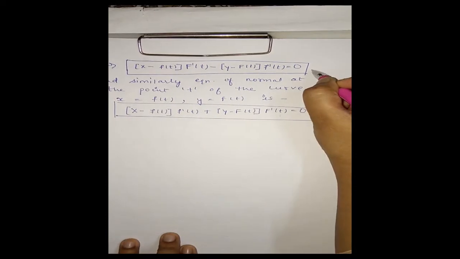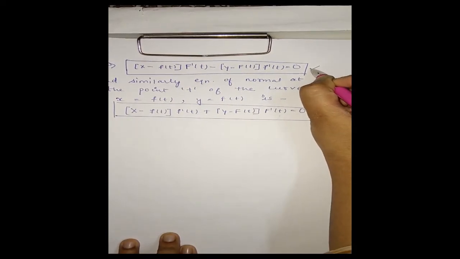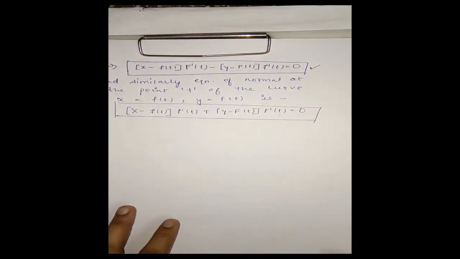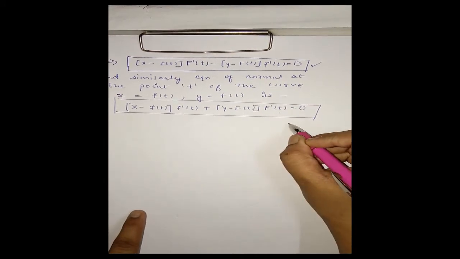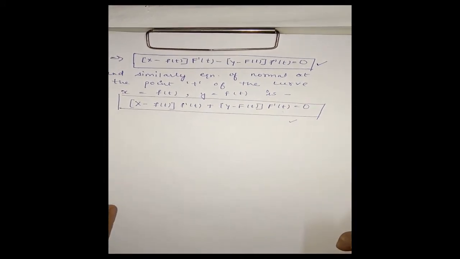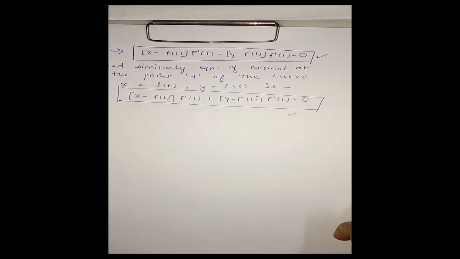This is the equation of tangent if the curve equation is in parametric form, and this is the equation of normal if the curve equation is in parametric form.